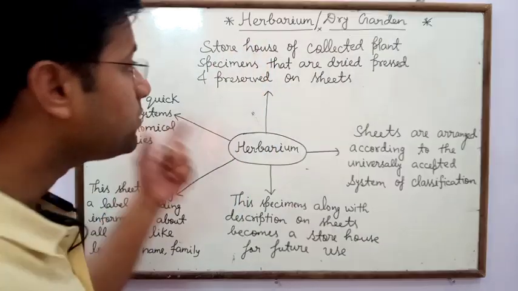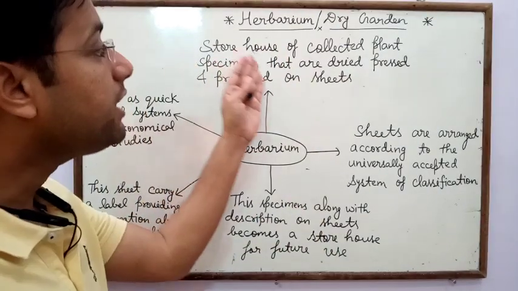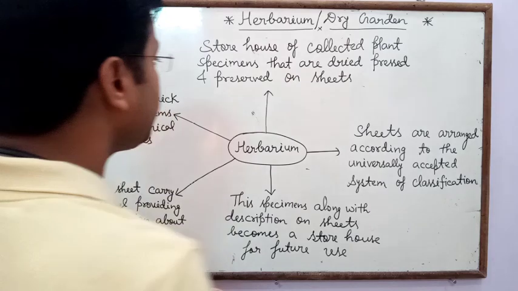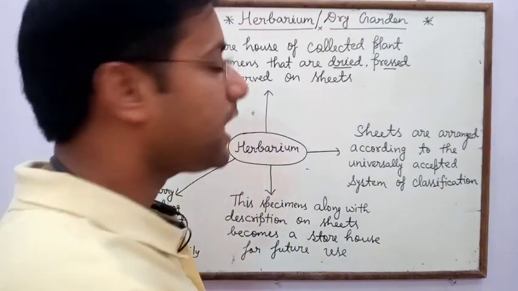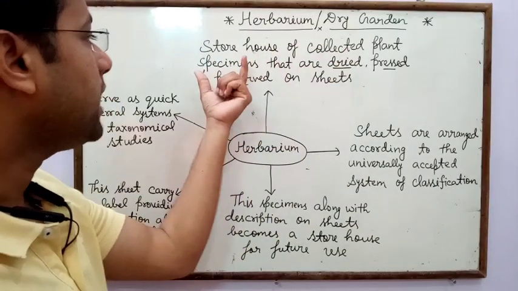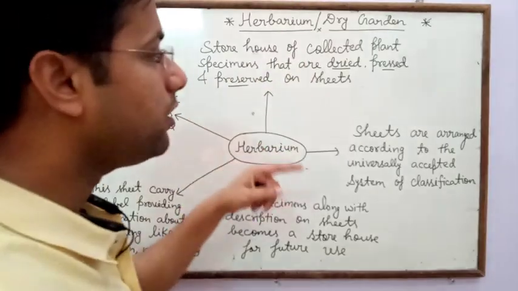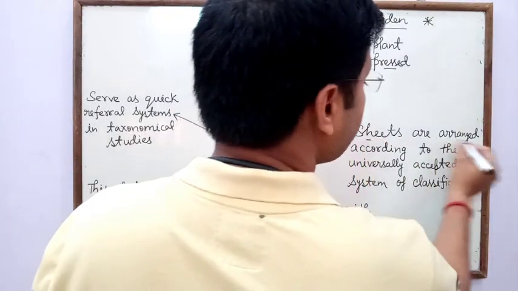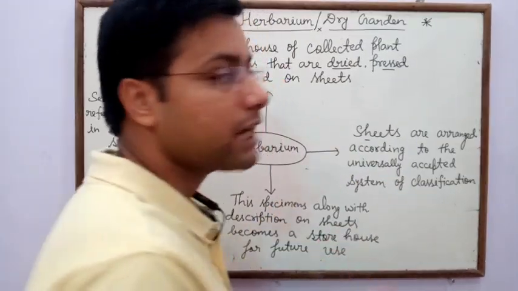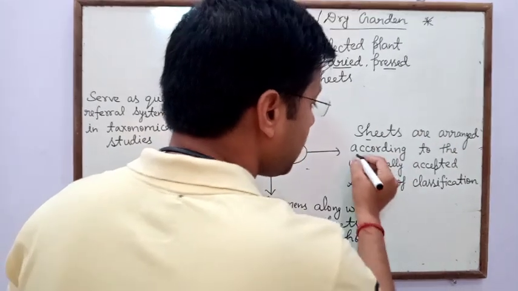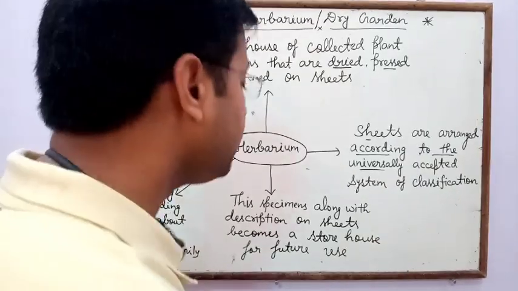Herbarium is a storehouse of collected plant specimens that are dried, pressed, and preserved on sheets. Sheets are arranged according to the universally accepted system of classification.